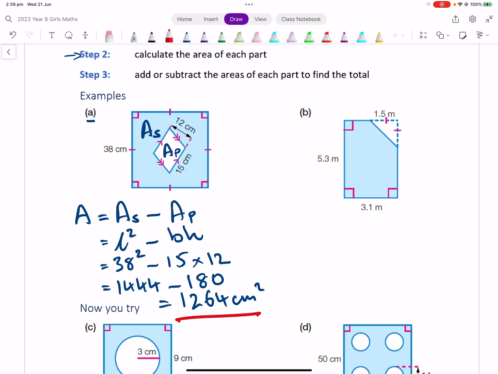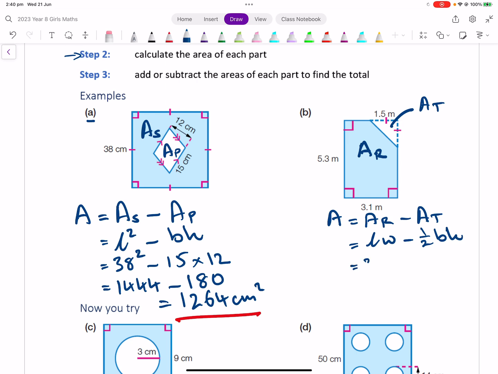All right, so let's do another example. Here we've got the area of a rectangle and it's had a triangle chopped out of it. So the area left is going to be the area of the rectangle minus the area of the triangle. The area of the rectangle is length times width, and the area of a triangle is a half base times height.